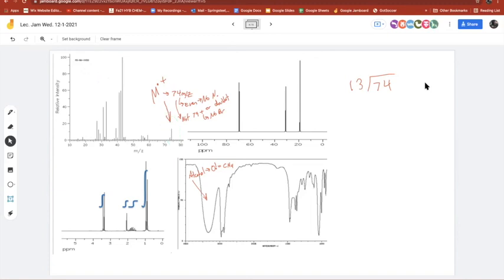So 74 divided by 13. I get 5 again. 5 times 13 is 65 again. Yep. This is 9. And then, do we already have this already? I think we did, huh? Wait. 74 divided by 13. 5 times 13. Remainder of 9.